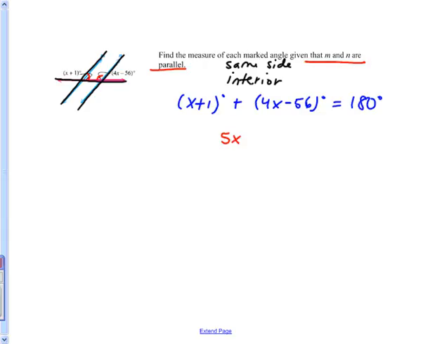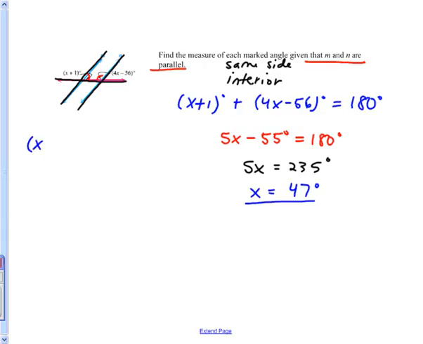This will give me 5x - 55 degrees equal to 180 degrees. Adding the 55 to both sides, I will get 235 degrees, doing a little bit of this in my head, so bear with me. And dividing by 5, I will get 47 degrees for x. This is not the answer to my question. Go back and problem solve.